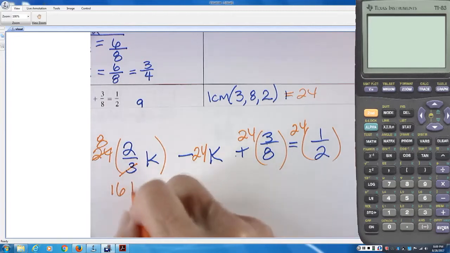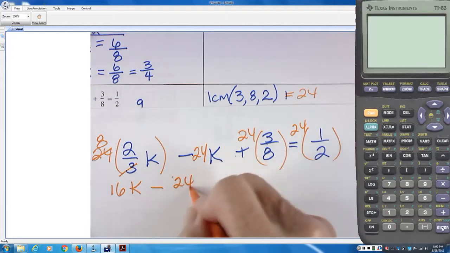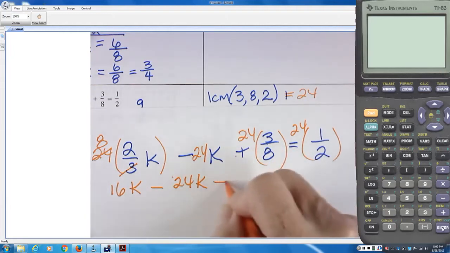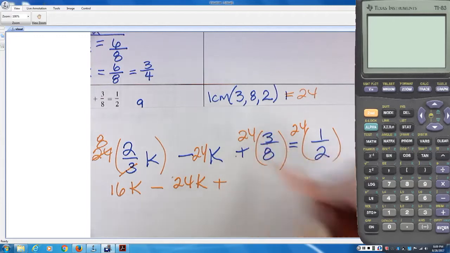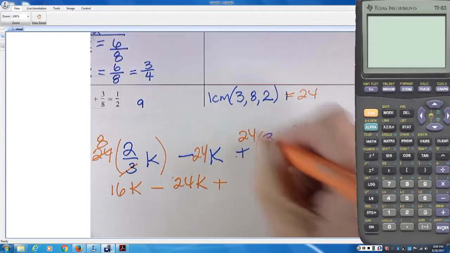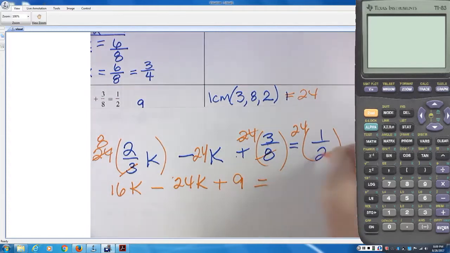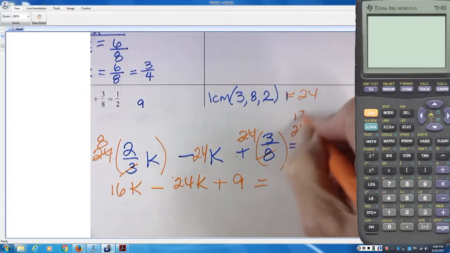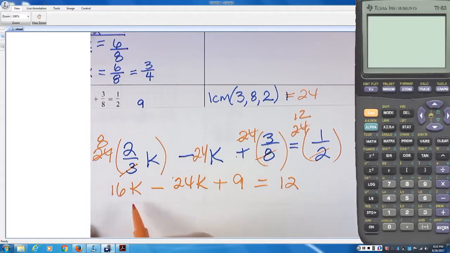So this is 16k minus 24 times k is 24k plus 24 times 3/8, which if you cancel the 8 into the 24 is going to give you the 3, and that's going to be 9, equals 2 goes into 24 12 times. 12 times 1 is 12. That takes you straight to a step that was way further down if you do it this way.